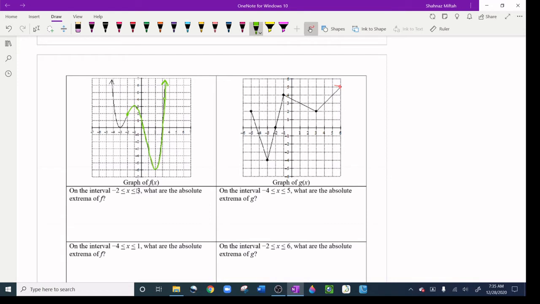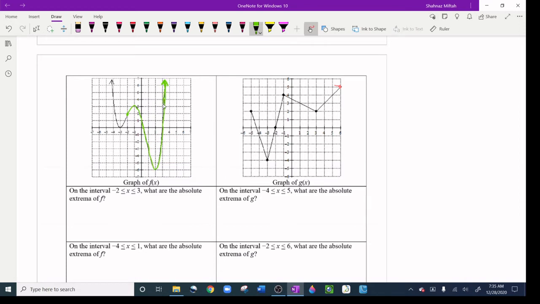When I look for the absolute maximum, which one is the greatest y value? I can see 3 is the greatest y value, 2 is a greater one, and I have this infinity. Infinity is not a real number, so I'm not going to count it because of the arrow. It's going forever.